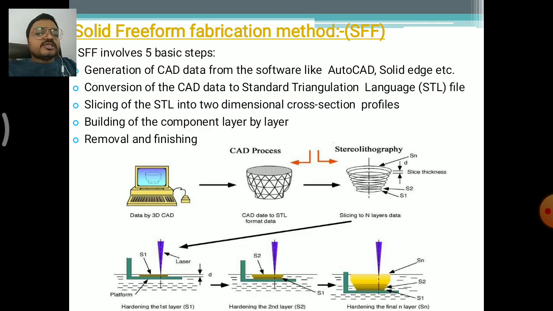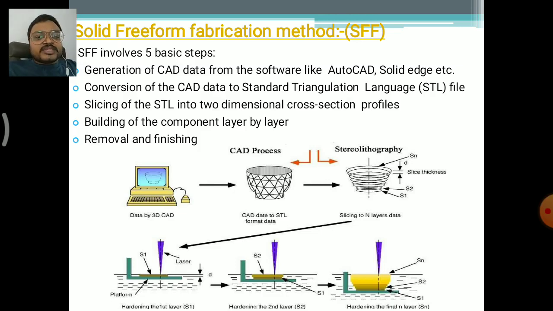And the last step is the removal and finishing of the object. We remove the object from the process. So this is the basic process done in SFF, the solid freeform fabrication method.